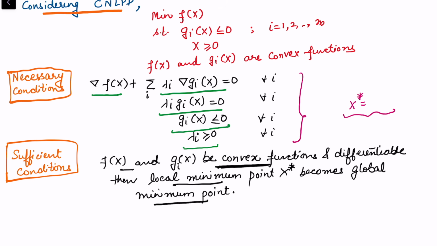So we are going to write the necessary conditions for the problem and find a point which satisfies all these conditions. Once we have such a point and have shown that the functions are convex, we will say that this is the global minima point.